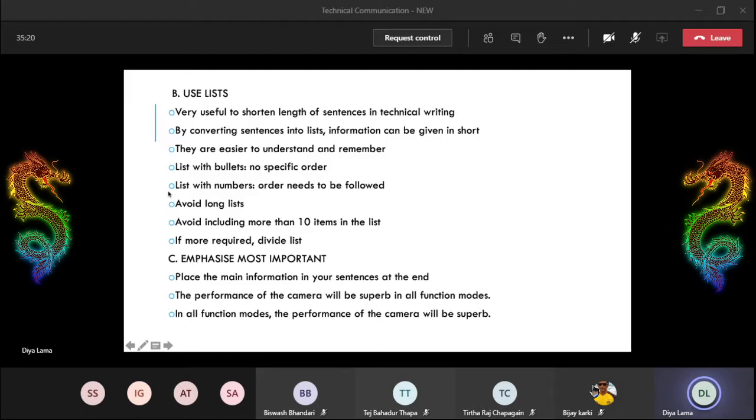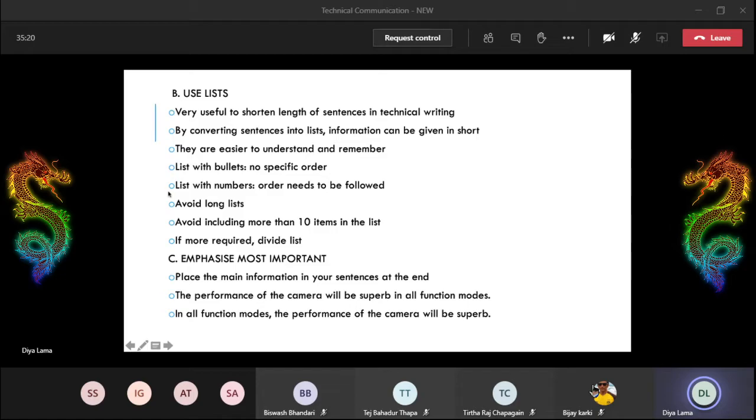Next, the other type of list is a list with numbers. So whenever you're using a list with numbers, the order needs to be followed. So when you have put 1, 2, 3, 4, then there has to be an order. So 1 is step 1, 2 is step 2. That way you give numbers to them.